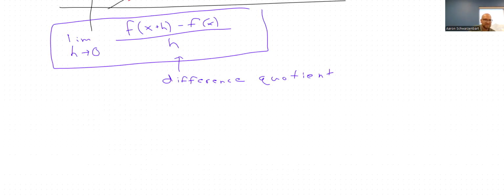This time f of x equals 1 over x. And it says x equals a this time. It's going to have me do negative 1/4 in a second.